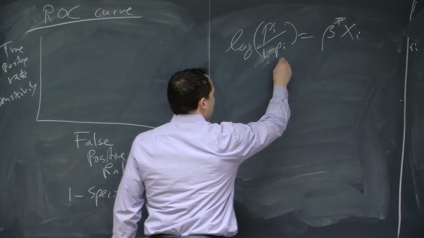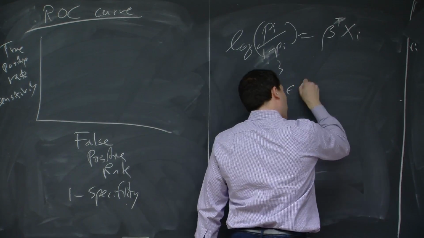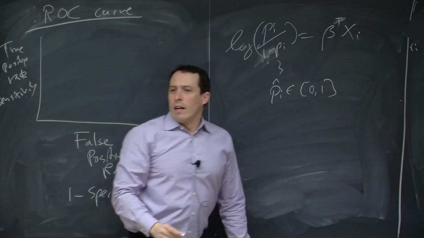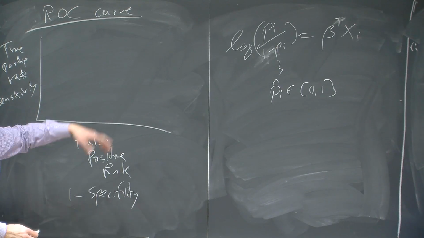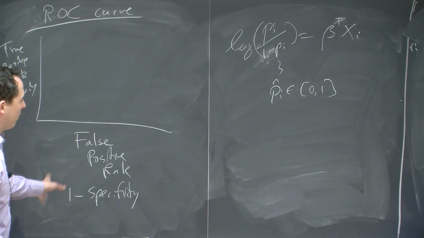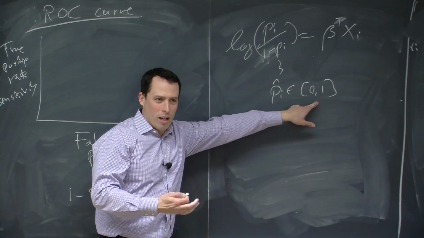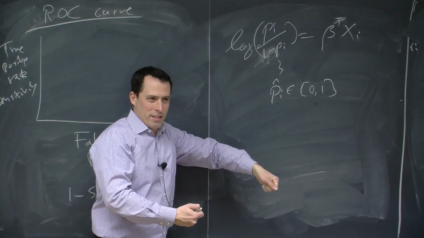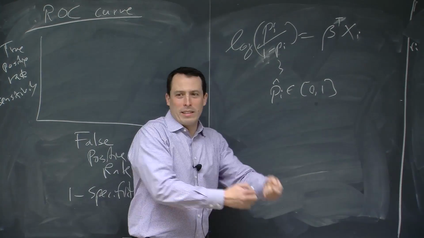And from that, I get my expected pi, which is a number between 0 and 1. And suppose I'm not happy with that, I have to make a decision. Do I scramble the fighter jets to try to intercept these planes or not? That means instead of looking at a value between 0 and 1, I have to make a call. Is this thing 1 or is it 0? If it's a test for a disease, I have to decide whether to treat the disease or not.